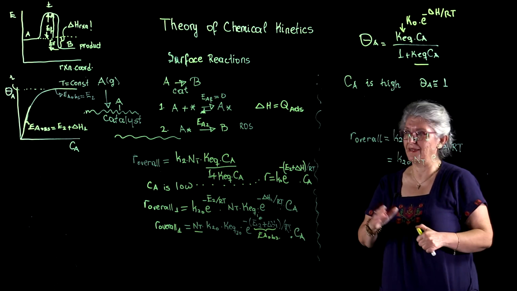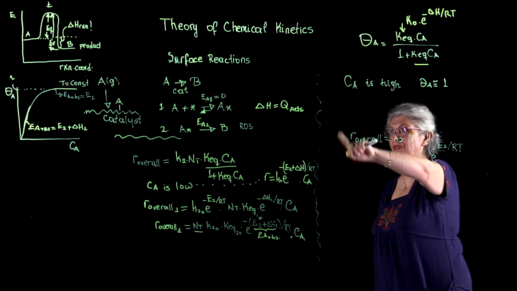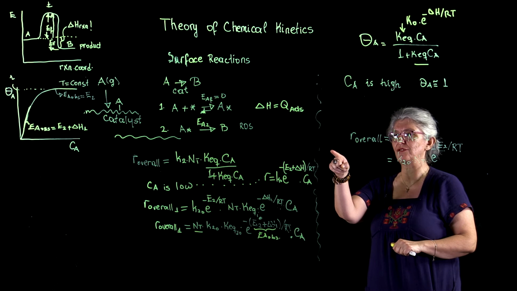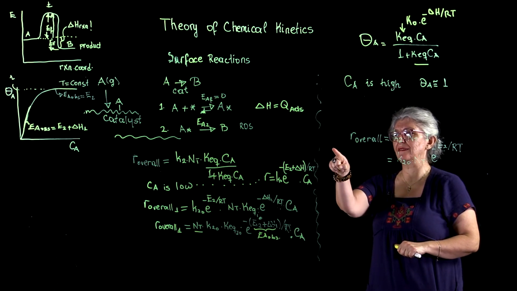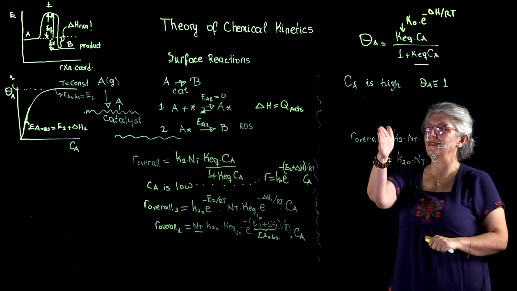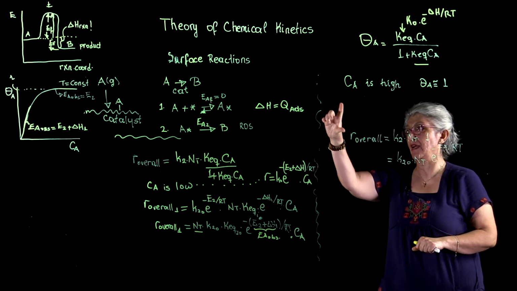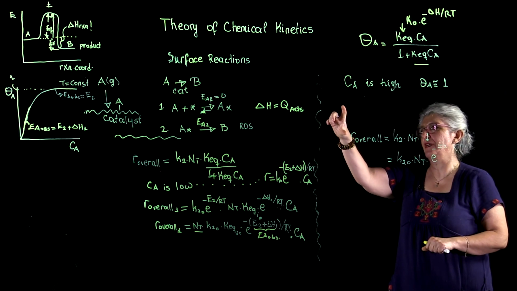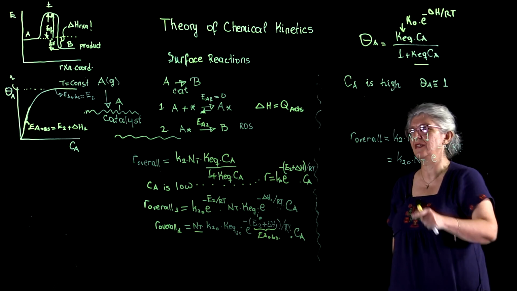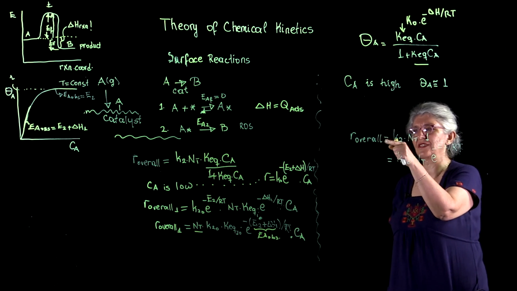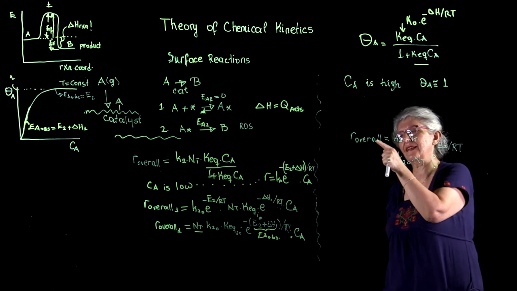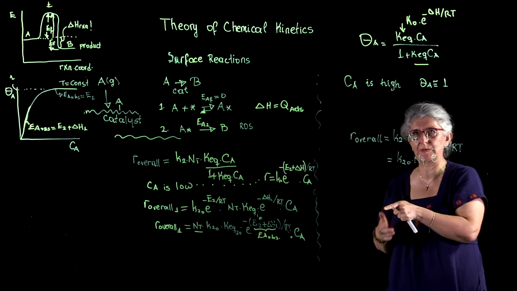So this adsorption process, we said, is non-activated if elementary, and as a result, the forward activation energy is 0, the reverse activation energy is obviously positive. The difference between forward and reverse is negative. As a result, adsorption is exothermic.